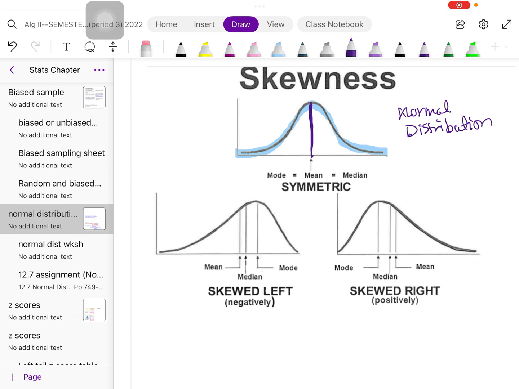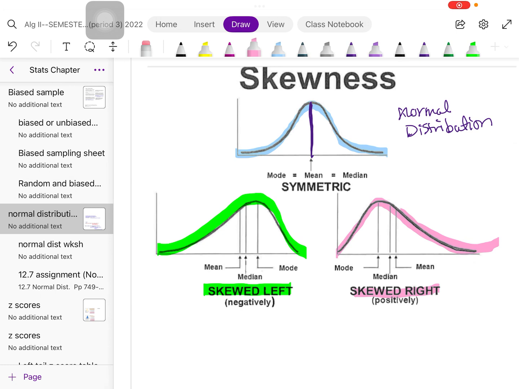I can have data that is called left skewed, which would mean the tail would come to the left of the data, or I could have data that is right skewed, which means the tail would come to the right of the data. By the tail, I mean this part down here.